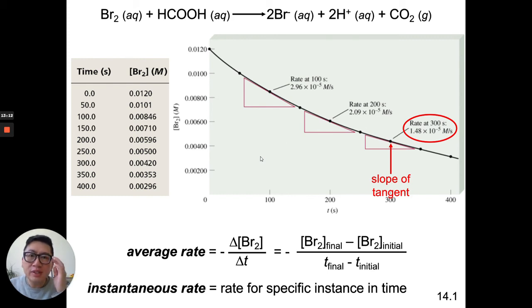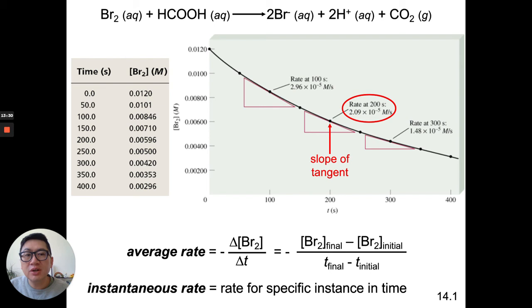So the rate at which the reaction occurs will decrease, slowly decrease, because you have less and less Br2. And so the slope of the tangent line will decrease as time goes on. How fast the reaction occurs actually slows down as time goes on, which is why the slope is not linear, or the overall graph is not linear.